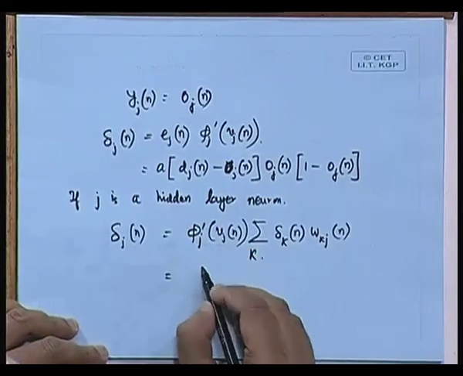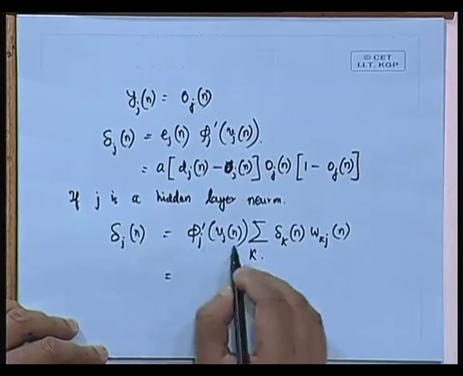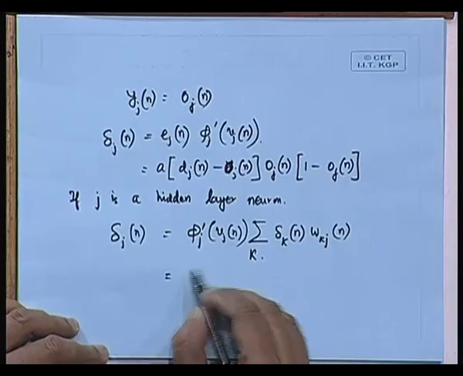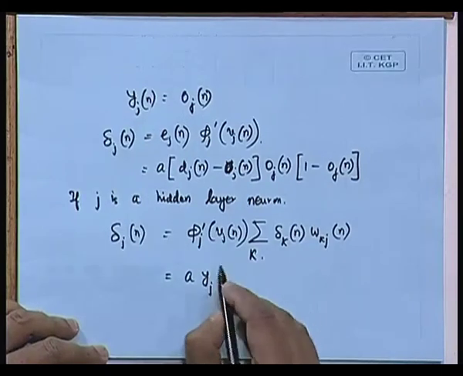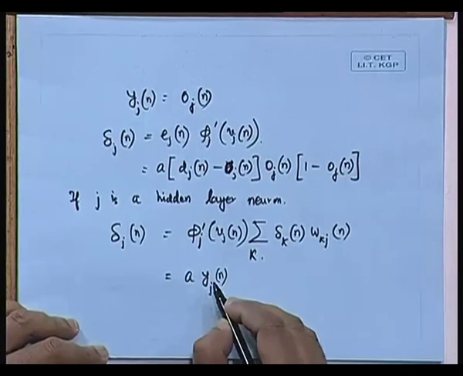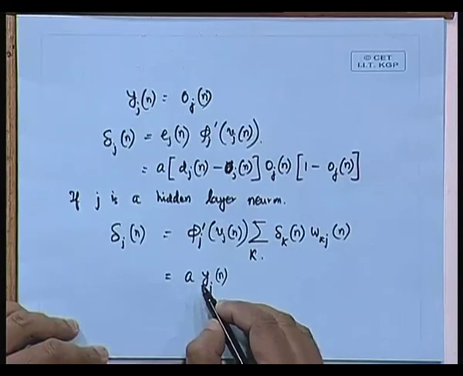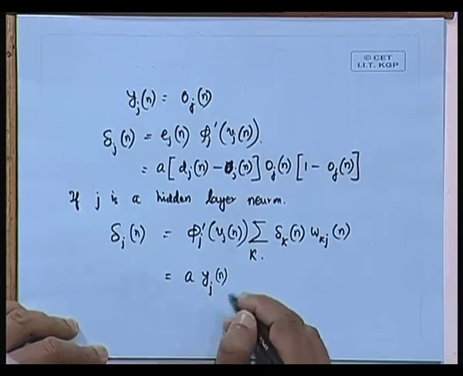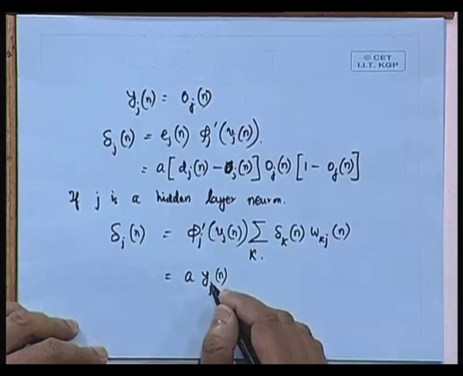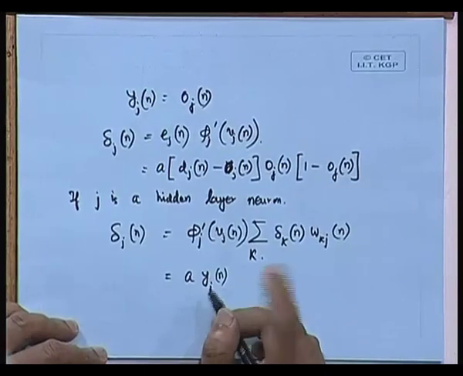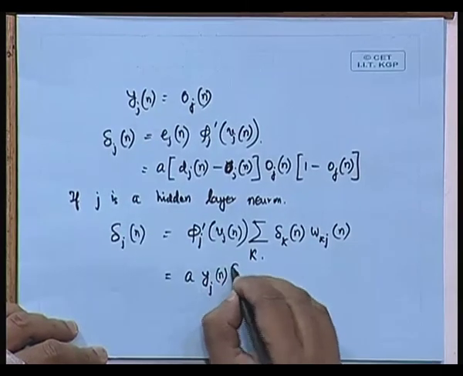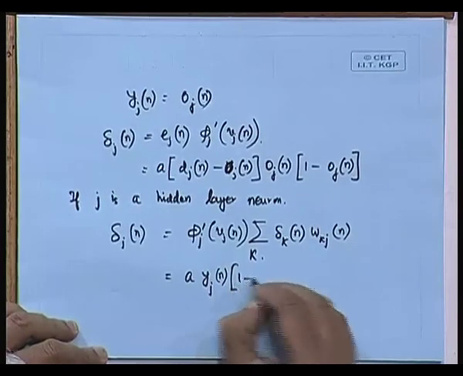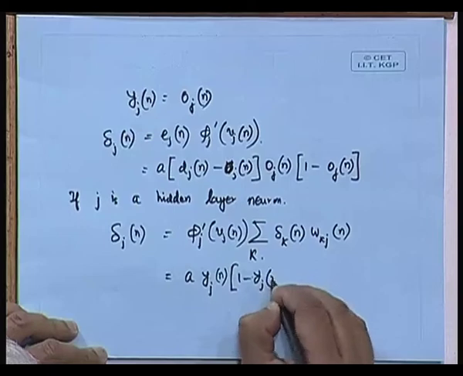Simply what we can substitute is that instead of phi dash j vj n, we can write a multiplied by, in this case, yj n only. We cannot write oj n because oj n is the output. But in this case yj n will be the output of the jth neuron, the hidden neuron. So, we have to write yj n into 1 minus yj n.